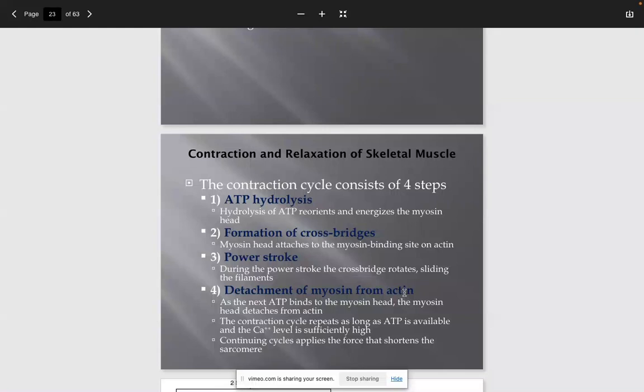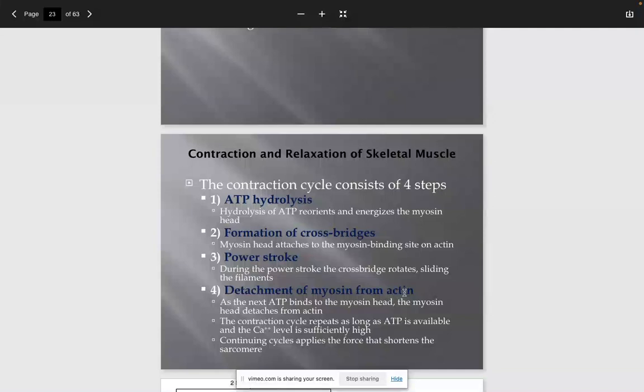So again, knowing these 4 steps, I think would be very important for you guys. ATP hydrolysis. After ATP hydrolysis occurs, we now have sufficient energy for myosin to attach to actin, forming the cross bridge. We have the cross bridge formed. Now the power stroke is going to occur. The power stroke is where the filaments slide upon each other.